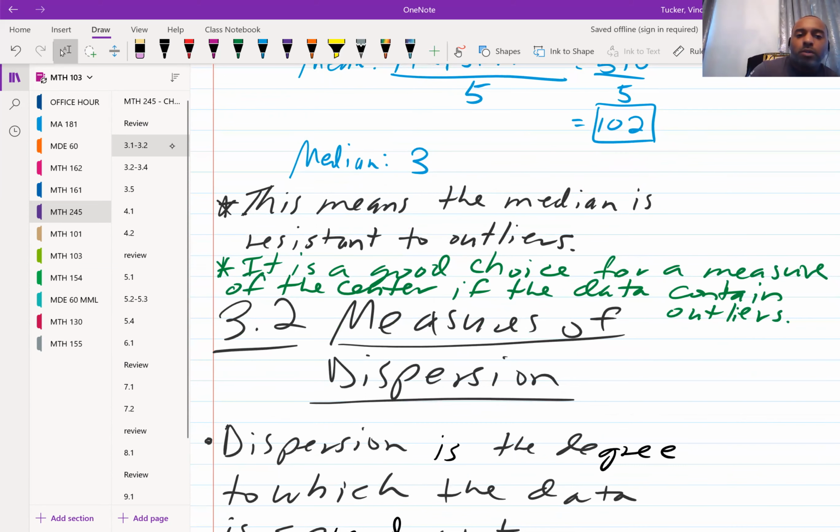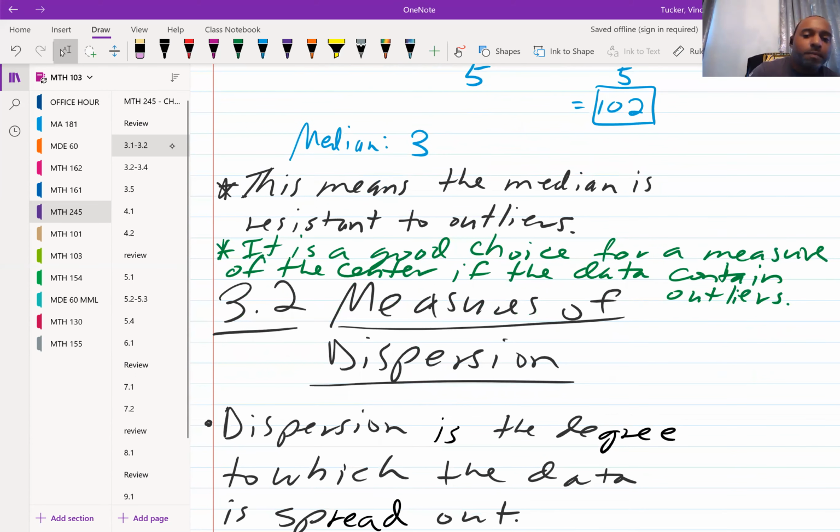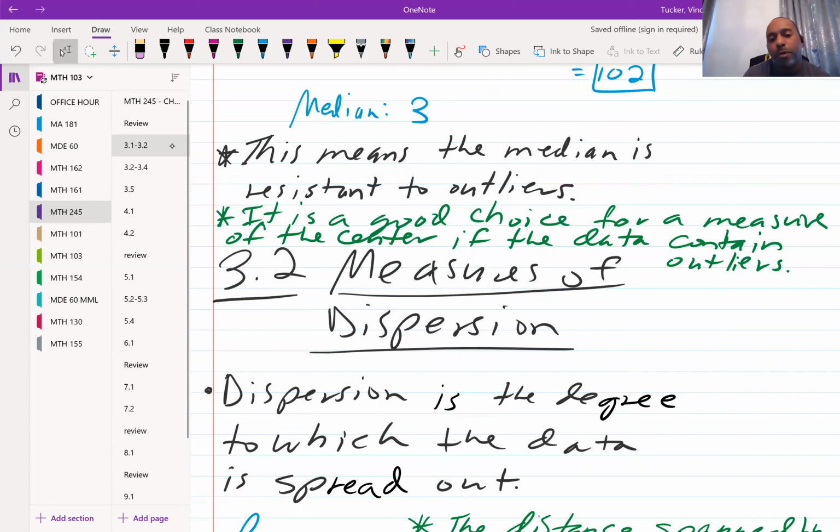So 3.2 measures of dispersion. Dispersion is the degree to which the data is spread out or dispersed.